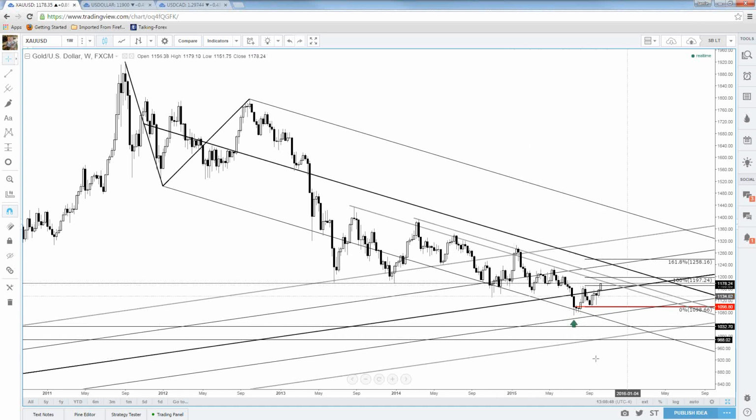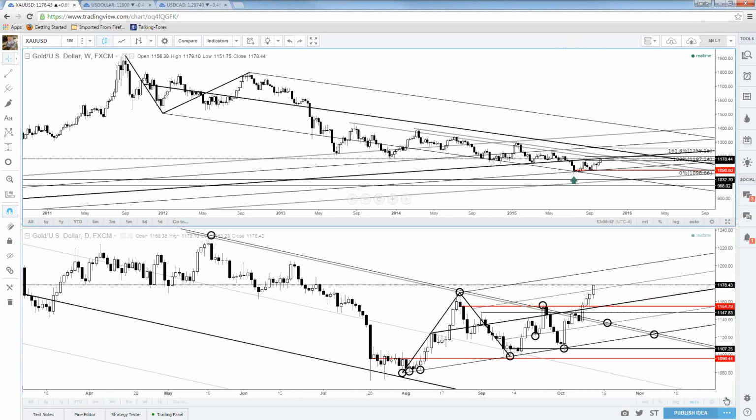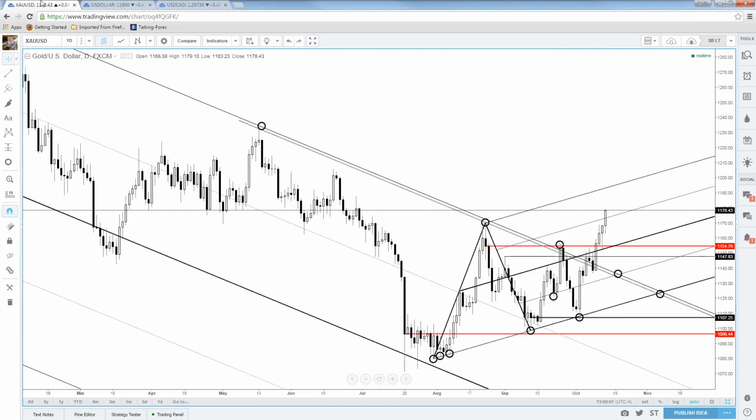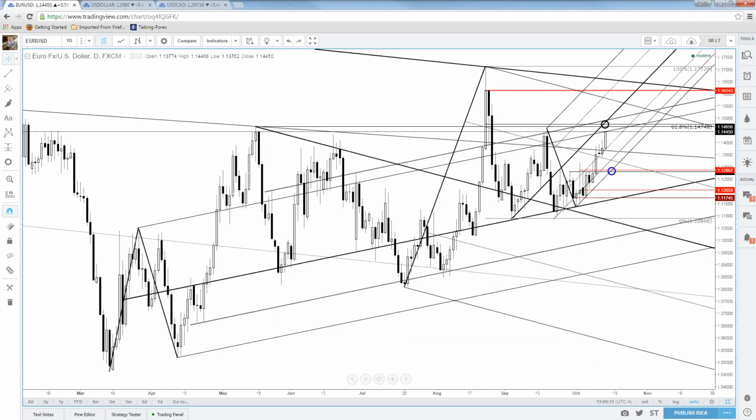And then you've got the high up here from June at 1206. So gold's broken out, but again, you want to be a buyer on the breakout or a buyer on supports, in my opinion. All right, so that's euro slash gold.